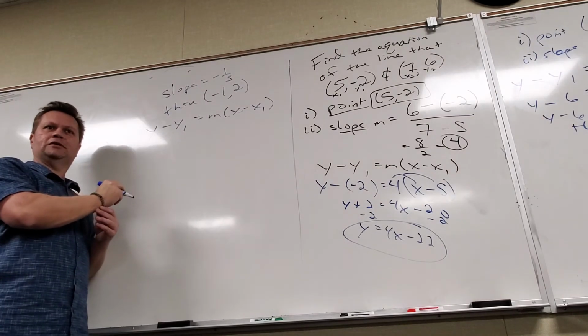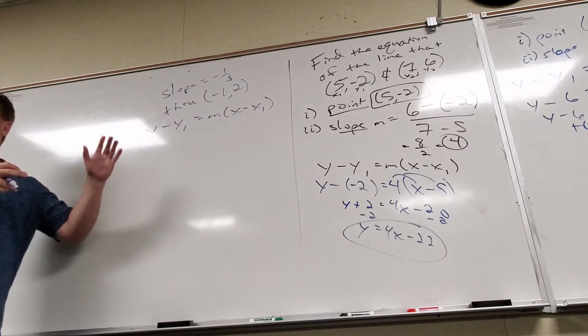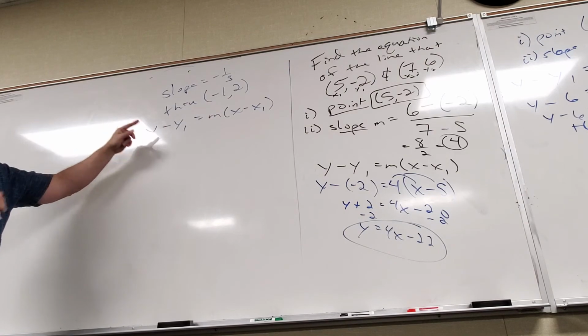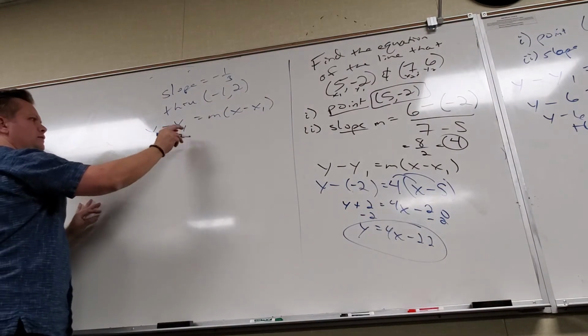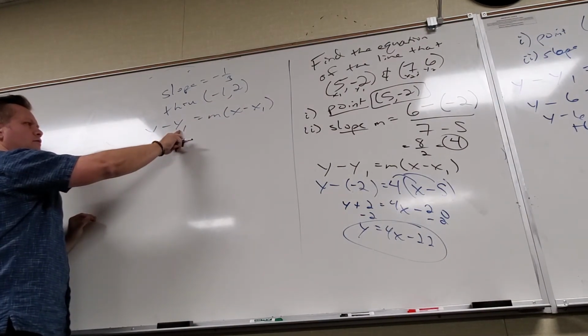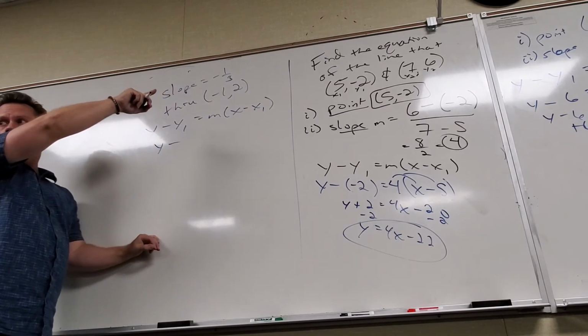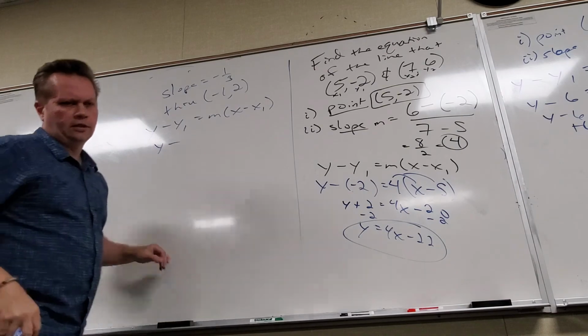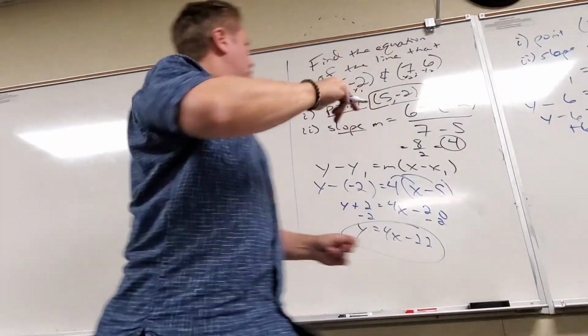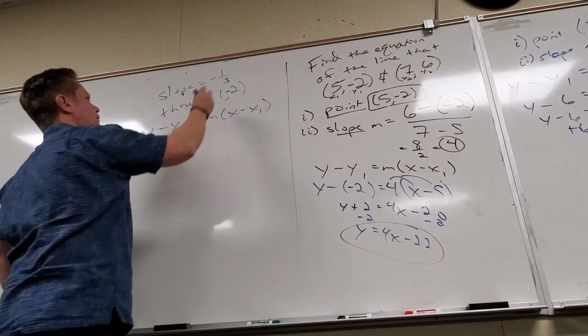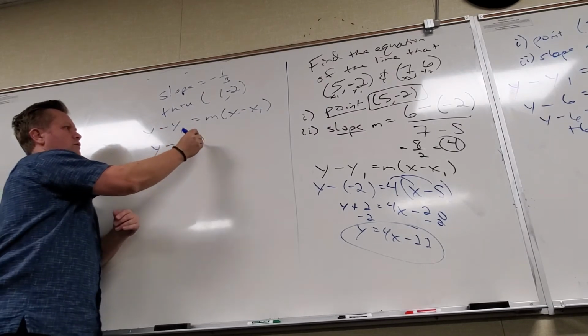Is that what you guys are doing? The first step here, this is the only step. What goes in here? Y minus negative 2, right? Yes. Oh, did I write down 1, negative 2? Yeah. So y minus negative 2, I'm with you.